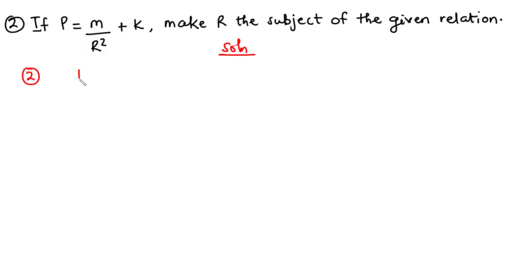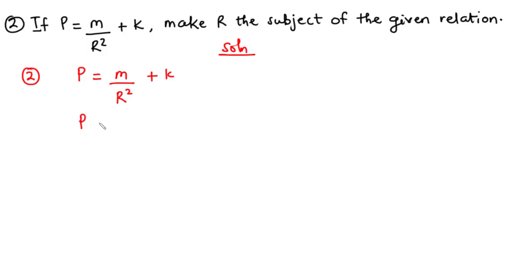So we have the relation P equals M over r squared plus k. In this relation, we have one fraction, which is m over r squared. So we focus on the denominator and multiply each term of this relation by the denominator, which is r squared.